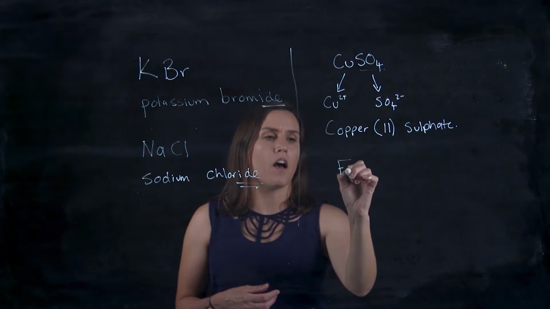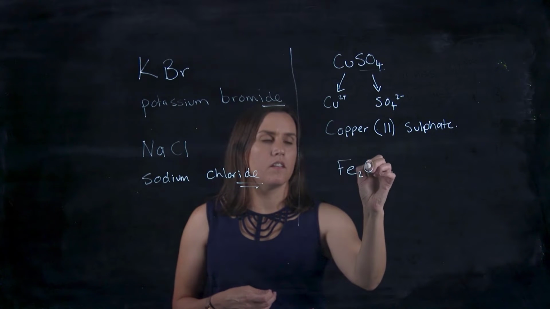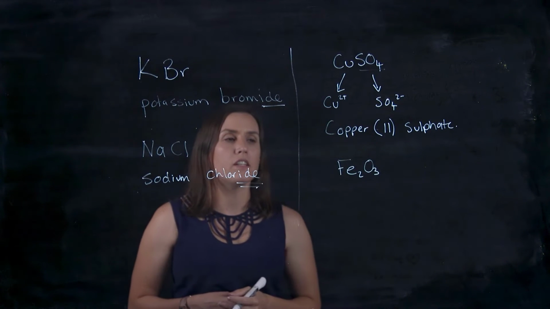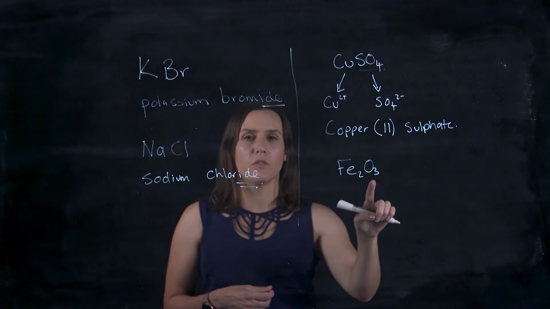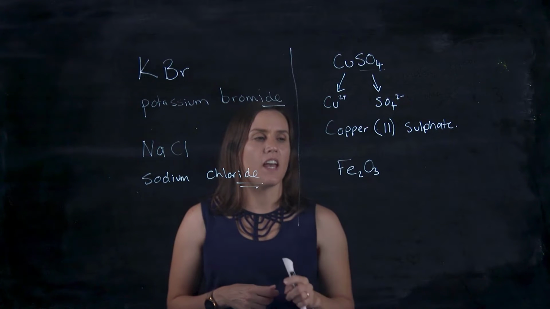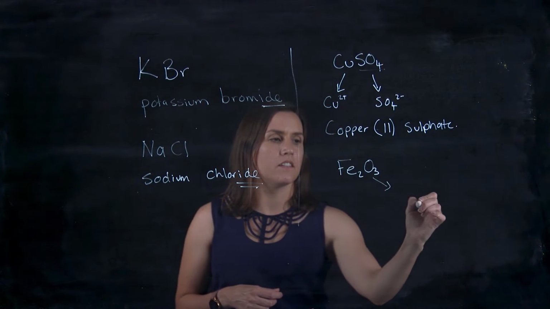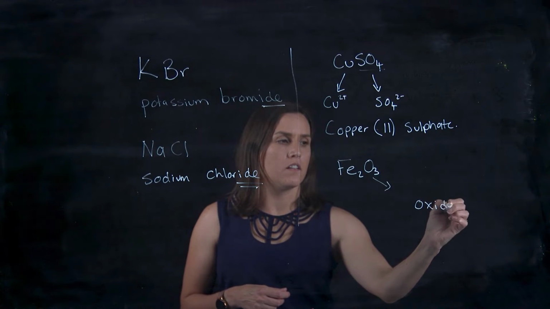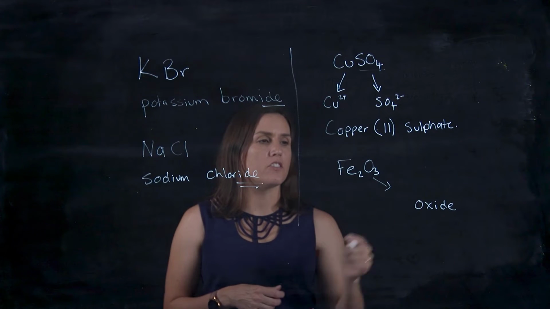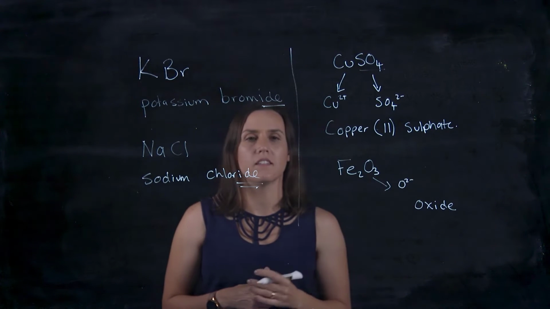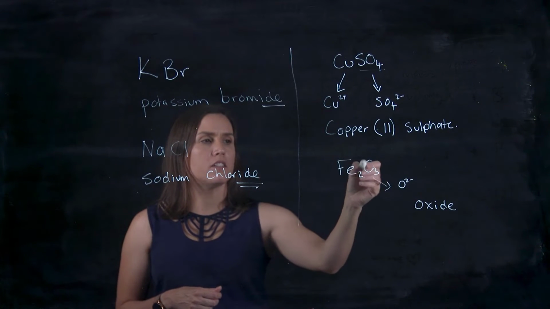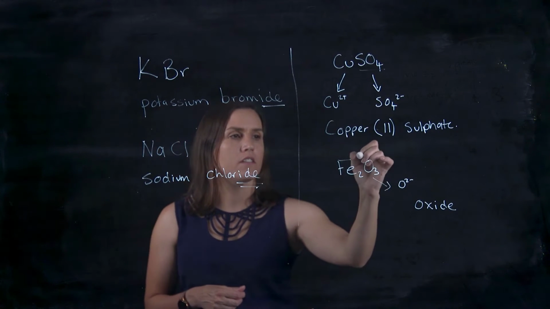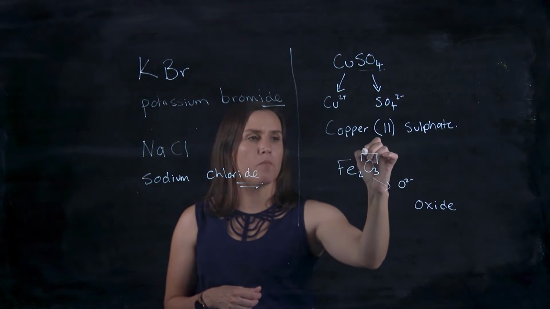Now let's look at another one. We might have iron, let's do this one, Fe2O3. This is just a monoatomic, one atom anion, and this is oxide. It has a charge of 2- that sits on it. Because I've got 3 of those, all up I have -6.